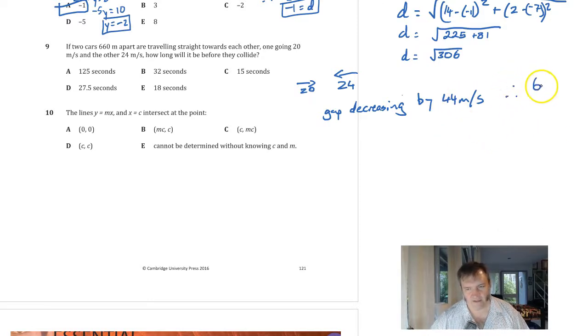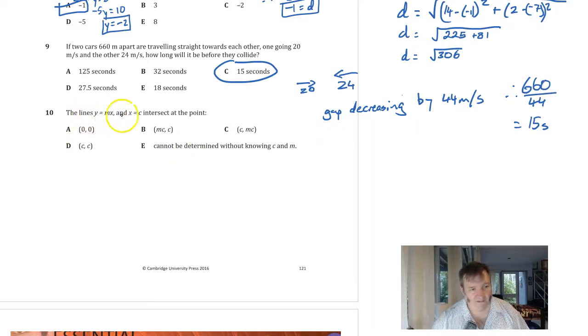So if I go 660 metres divided by 44 metres per second, I think I'm going to get 15 seconds there. So in 10 seconds, it's going to go 440. So another 220 will be another 5 seconds.